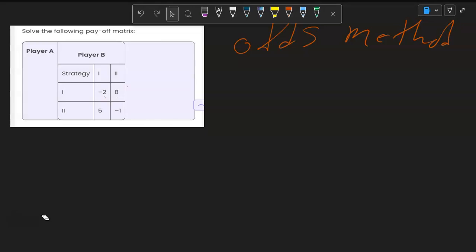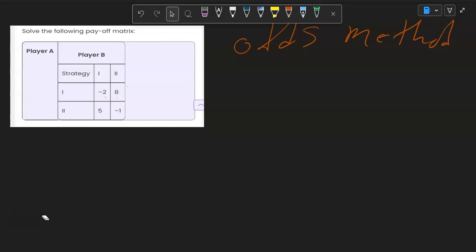So in the odds method, the idea is to master the formulas. Just like we did in the saddle point where you find the game value and the optimal strategies of each player, in this case also we calculate the game value. The game value has its own formula.